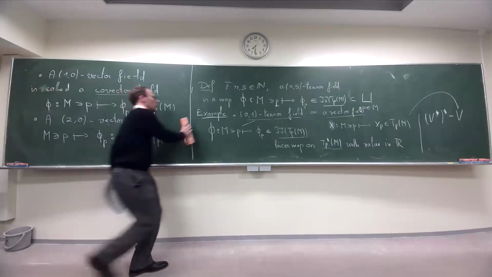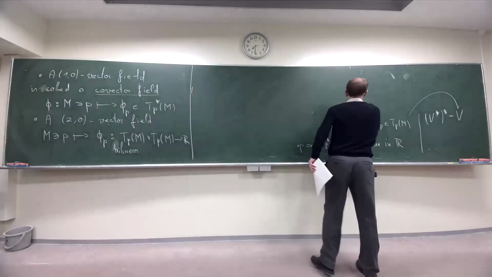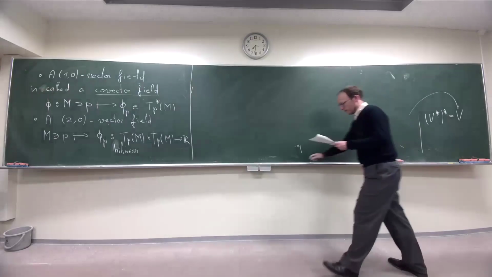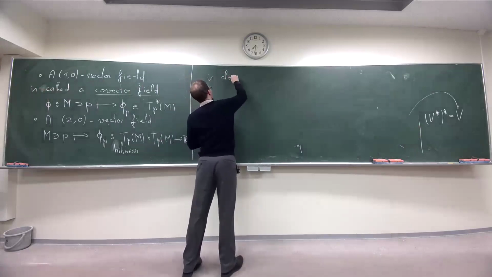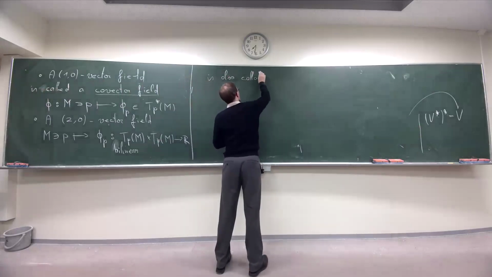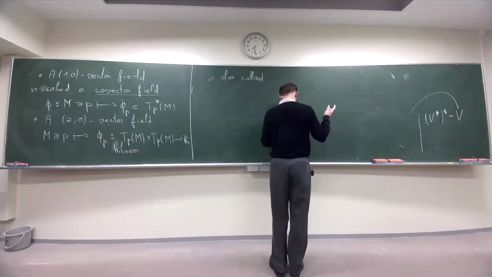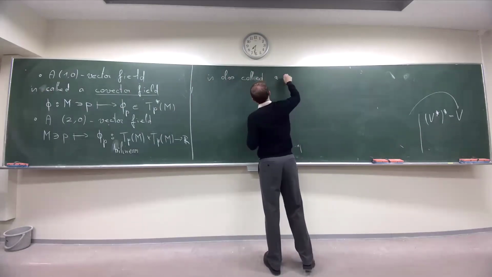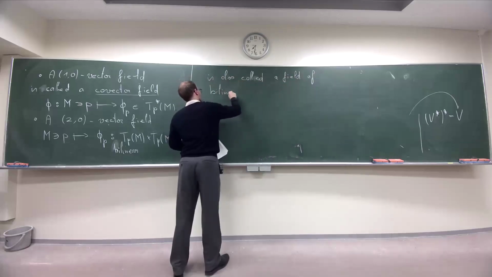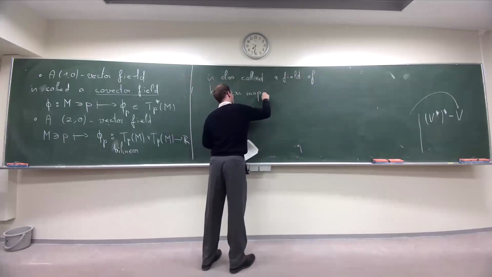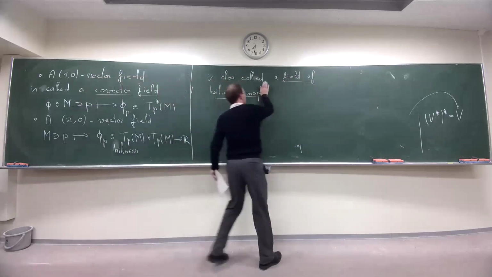So this is also called a field of bilinear maps. And we will come back to this on V or on TPM.